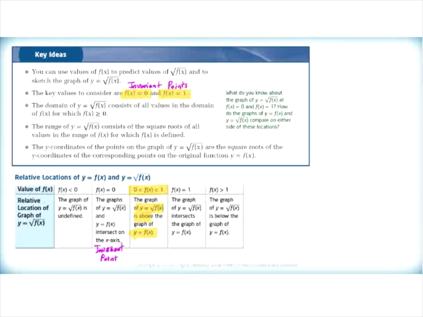Then when f of x is equal to 1, that's where the graph of the square root function intersects the graph of the original function, which again provides us with the coordinates of another invariant point. And finally, when f of x is greater than 1, the graph of the square root function is below the graph of the original function.